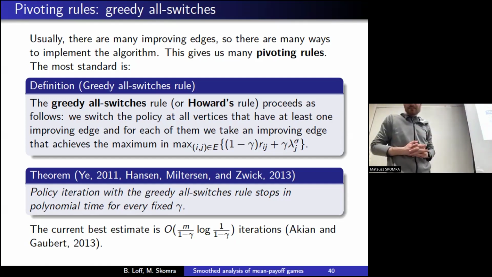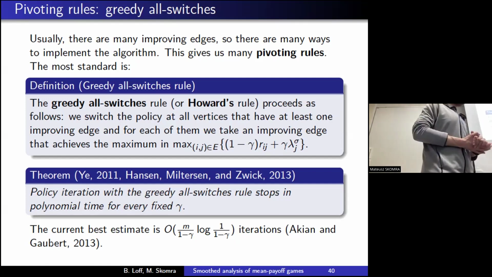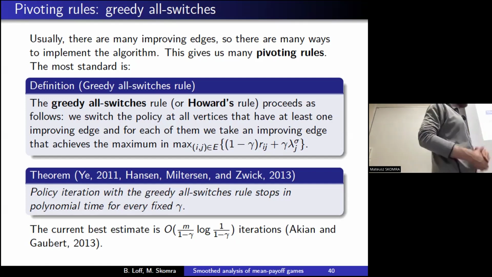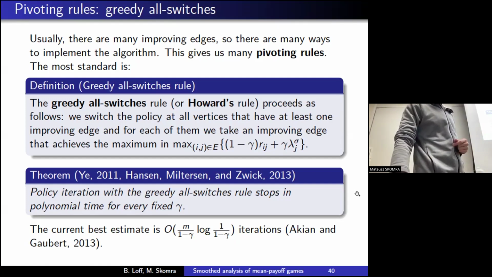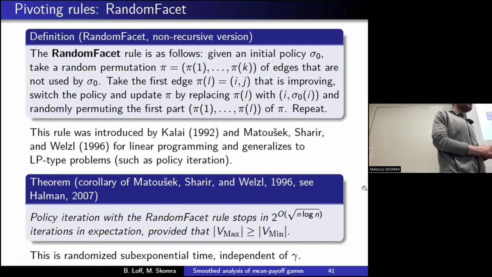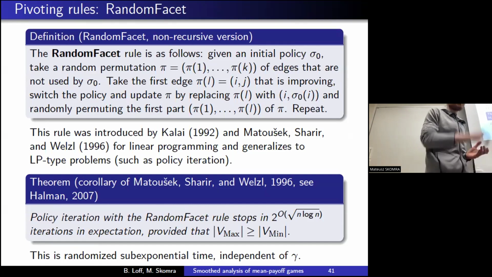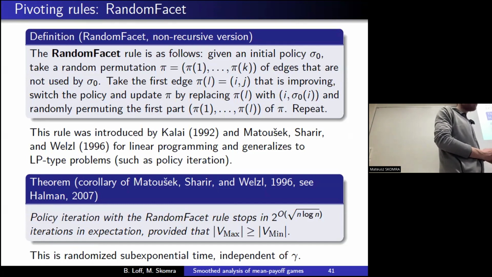That's one rule, but there is a second, very important rule in the literature, because I told you that we can solve these games in randomized sub-exponential time. This is the best complexity that we managed to squeeze out, in the absolute sense. It is achieved by a policy iteration rule called random facet.